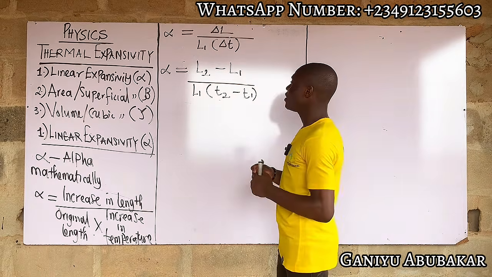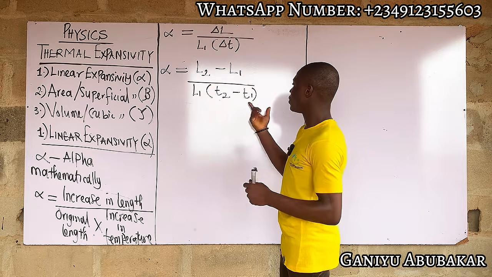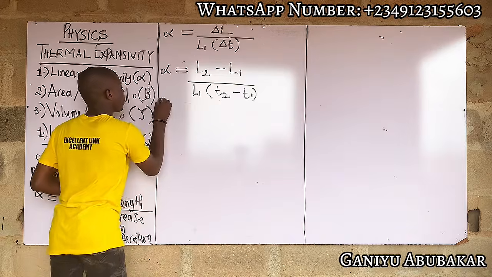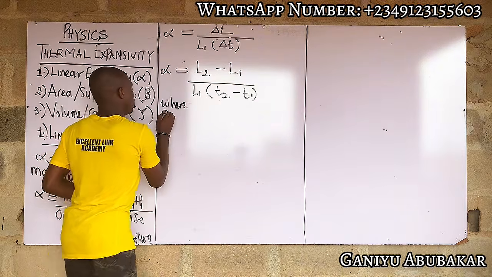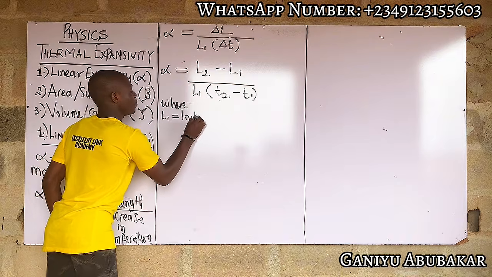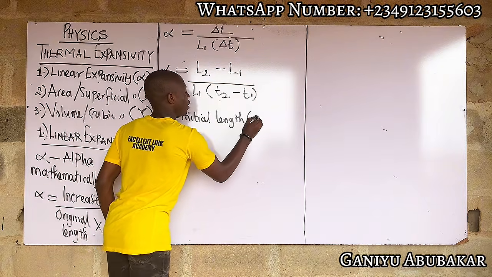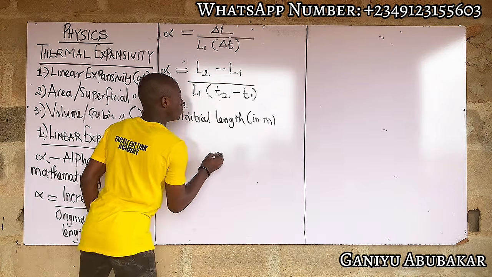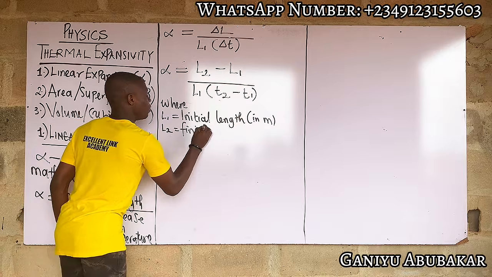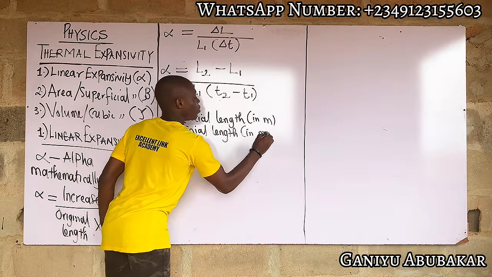All right, let's define something. What is L2? What's L1? What's T2? What's T1? What's change in L? What's change in T? So note that L1 is simply the initial length, that's in meters. L2 is the final length, in meters also.